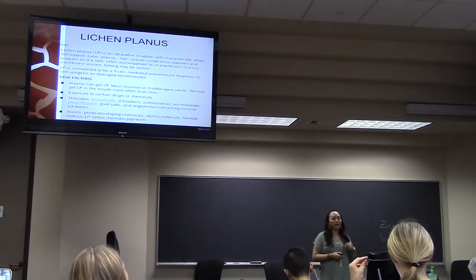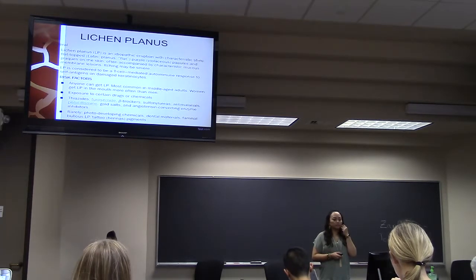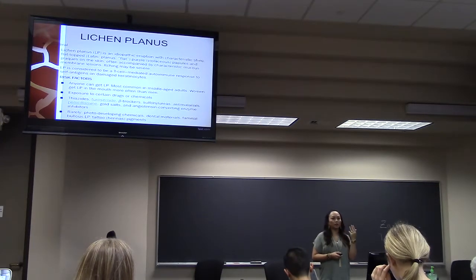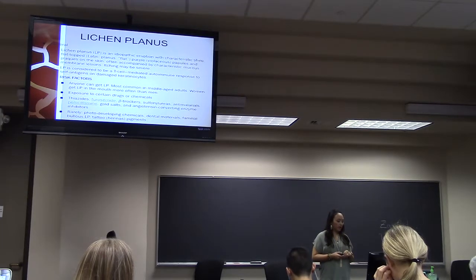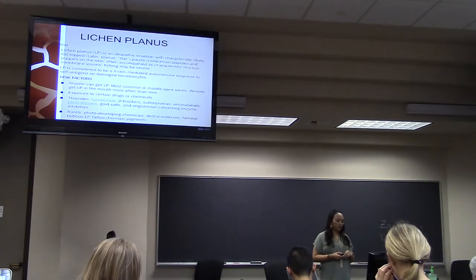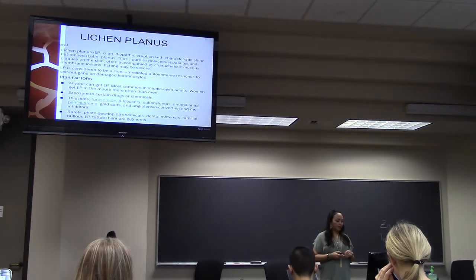What they mean there is sometimes you can have a crown or a filling that rubs up against it and causes a local reaction, inflammation, and develops lichen planus. You can also get it from tattoos. Someone has what's called familial bullous lichen planus, and sometimes they can develop it from henna pigments or tattooing.